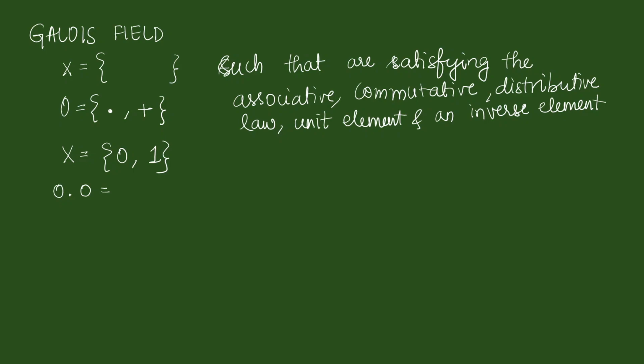If you take an element from the set and another element from the same set, and the multiplication operation leads to an element belonging to the same field, then we call such a thing a Galois field. So 0 times 0 is again 0, which belongs to the same set. 1 multiplied by 0 is again 0. 1 multiplied by 1 is again 1, which belongs to the same set.